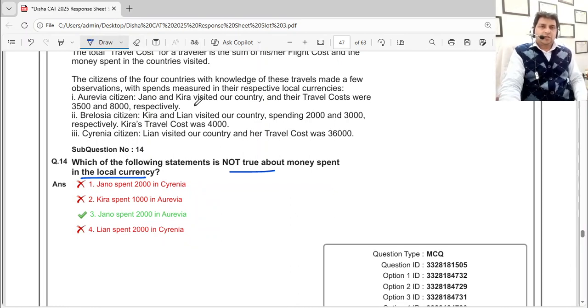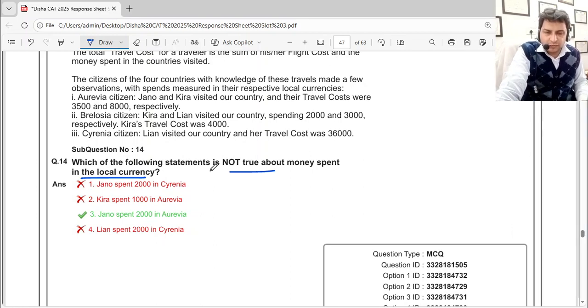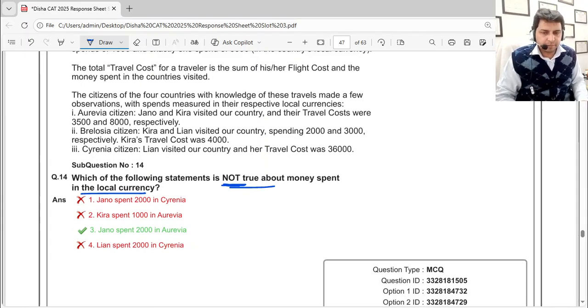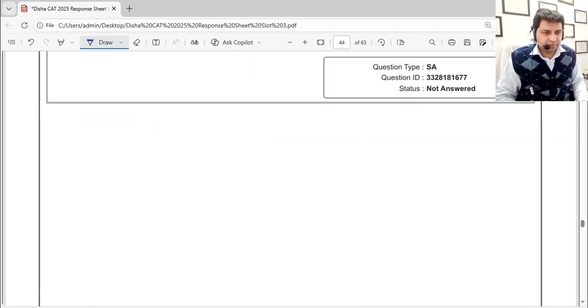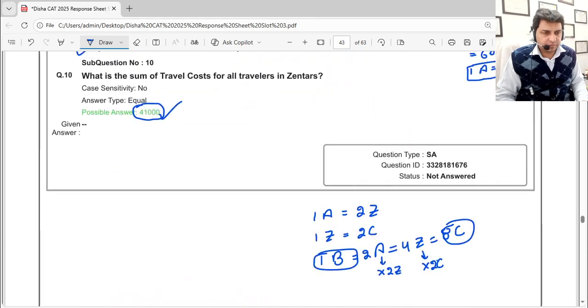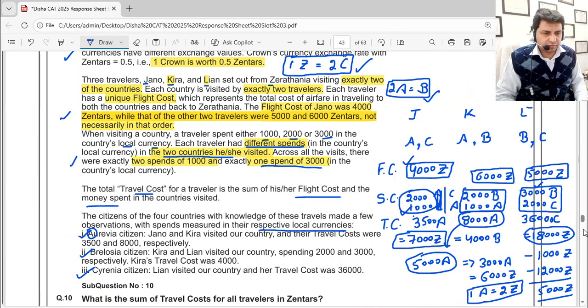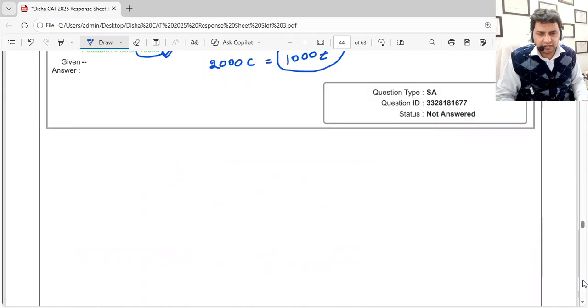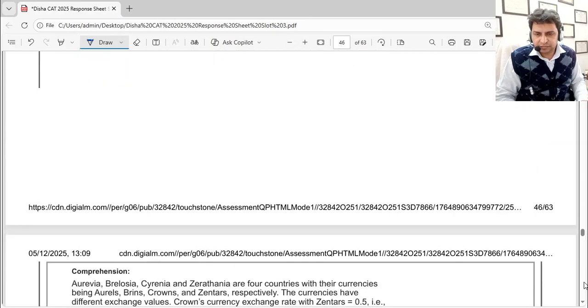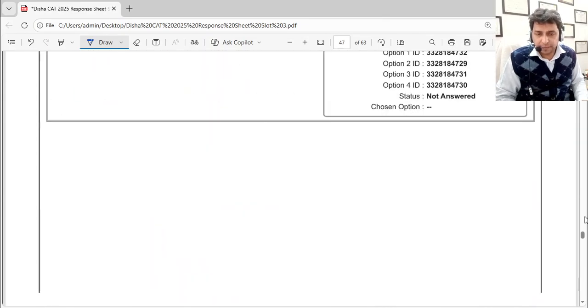So the last question, I mean, the 14th question says, which of the following statements is not true about money spent in local currency? So Jano spent 2000 in C. Let's check that out. Yes, he spent 2000 in C and 1000 in A. That is right. We need to find not true. Okay.